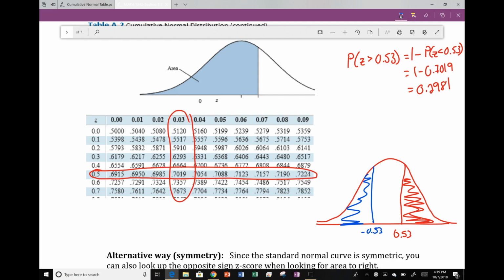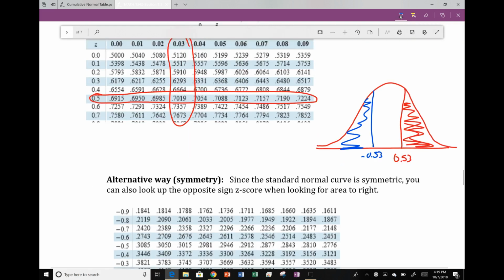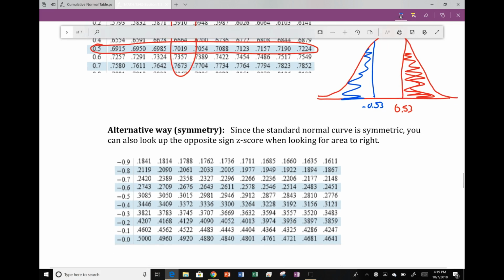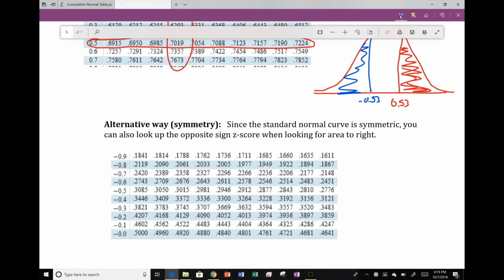So anytime you want to the right, or greater than, you can do 1 minus, or you can look up the opposite sign. So if I look up negative 0.53, here's 0.5, here's my 3 column, I still get 0.2981. Either way, you will come up with the same value. You just have to remember which side you're looking up.